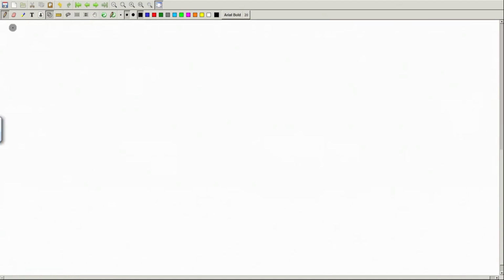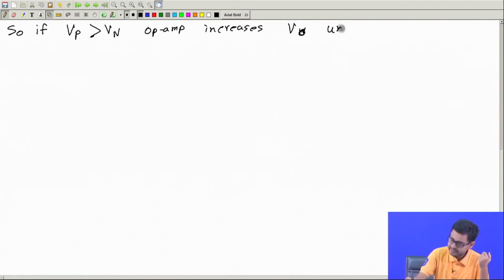So what we have seen is, if Vp is greater than Vn, the op amp increases Vo until Vn is almost equal to Vp.